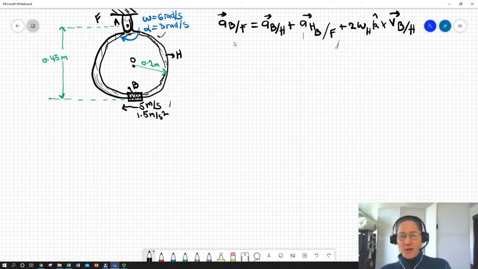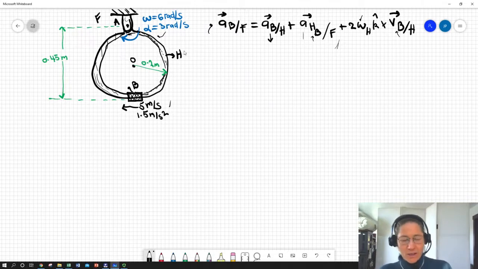So this is all about with respect to what? This is what we want to find. We should know something about this. We were given some information. This is something we should be able to find, but we're going to have to be careful to find it at the right point. This we were given, and again, this is something we were given.